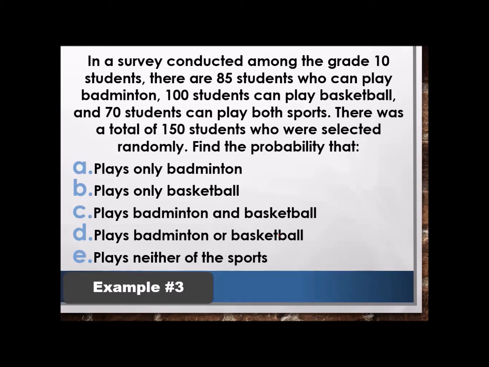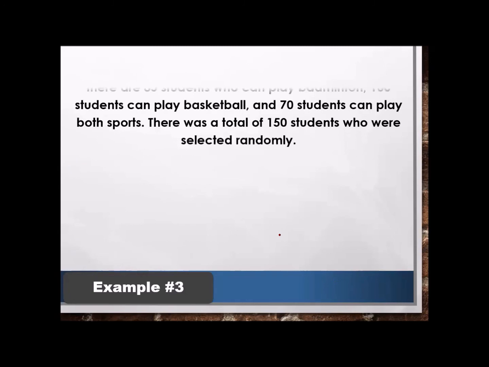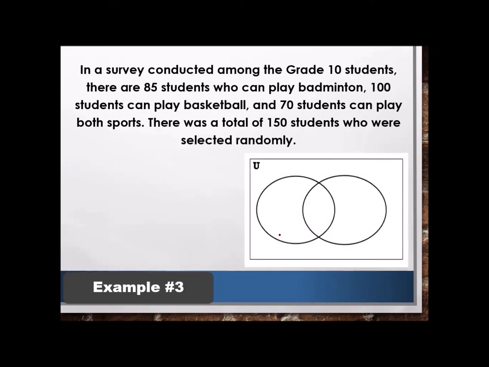So, ano magandang gagawin natin dito? Siyempre, gawa natin ng Venn diagram. Unahin muna natin i-analyze ang mga given. Okay? So, katulad nga ng nabanggit ko kanina, Venn diagram, pangalanan natin. Si BD ay gagawin nating badminton.